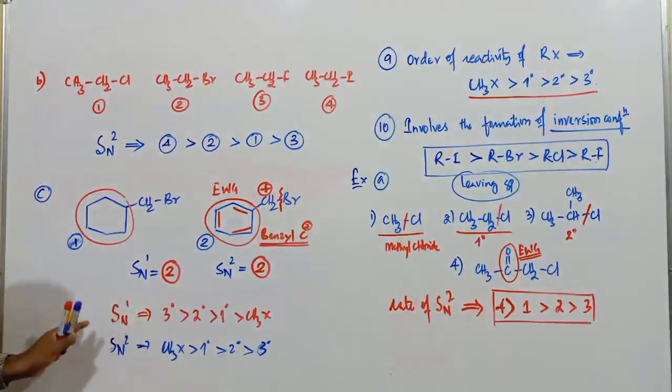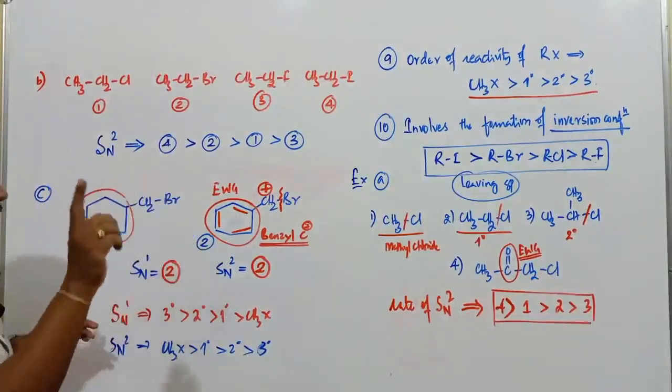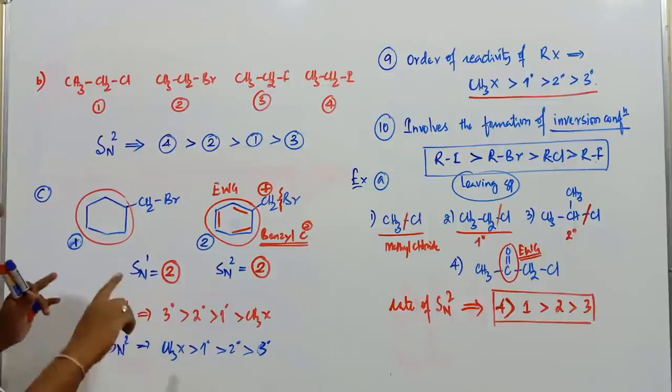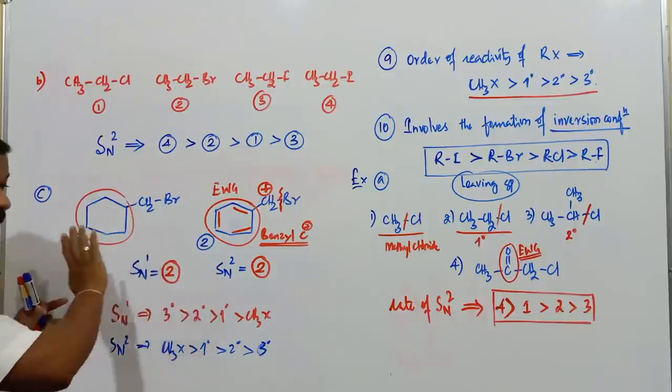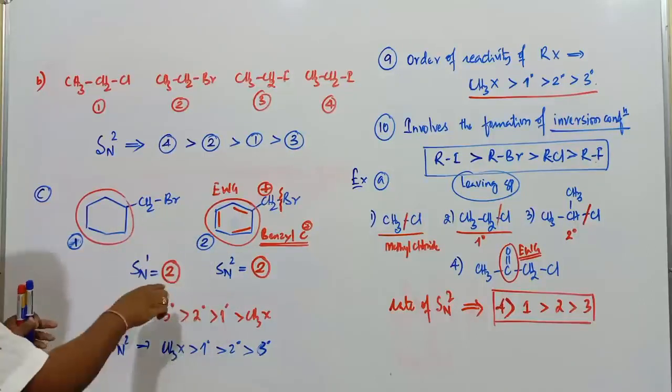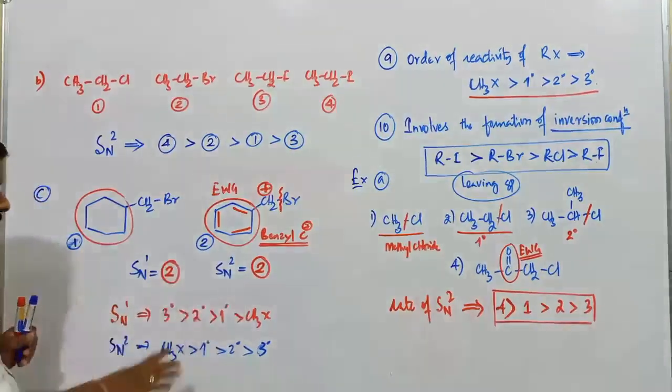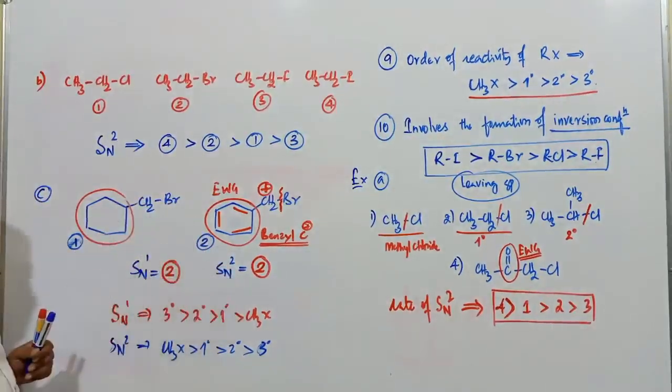There is no condition that a single compound should not undergo SN1 and SN2; that is going to be wrong. It may undergo both SN1 and SN2 provided it satisfies the conditions for SN1 and SN2 mechanism.